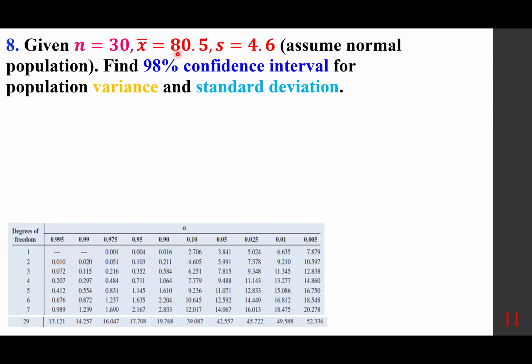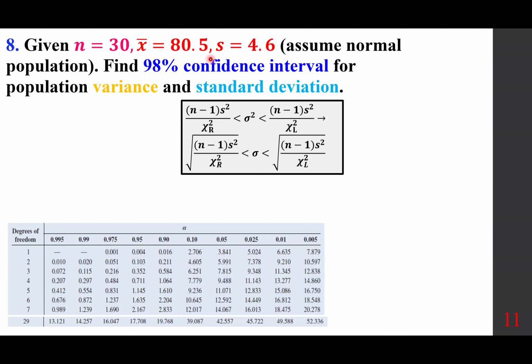Given n is 30, x bar is 80.5, s is 4.6, assume normal population, find the 98% confidence interval for population variance and standard deviation. There's really nothing to write. Everything is given symbolically. All we have to do is find the confidence interval. So what is the formula?